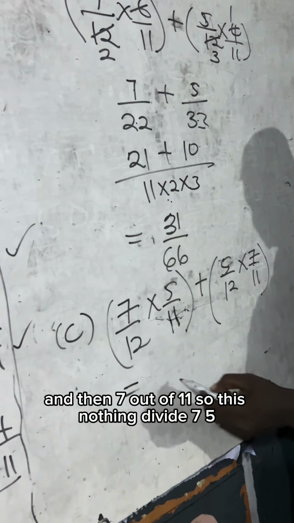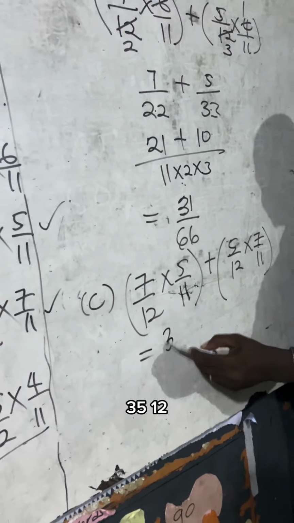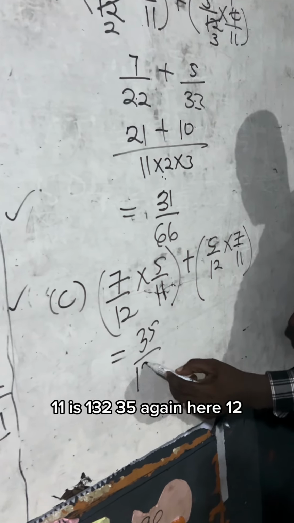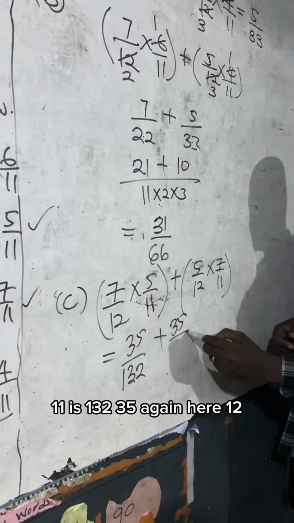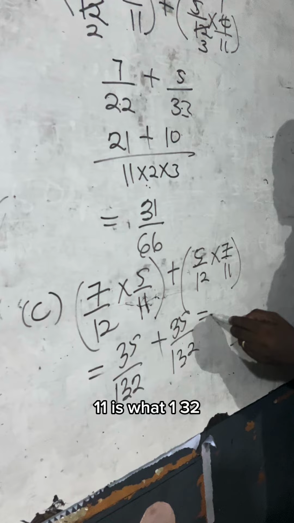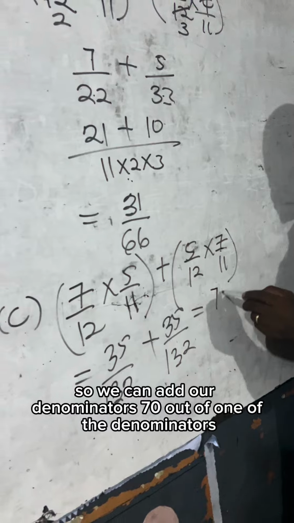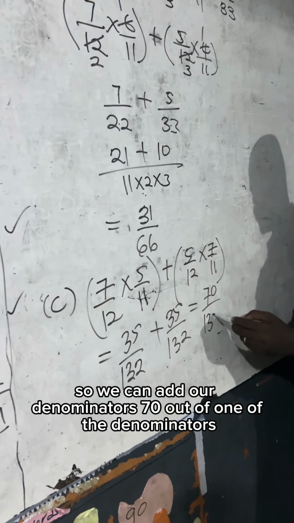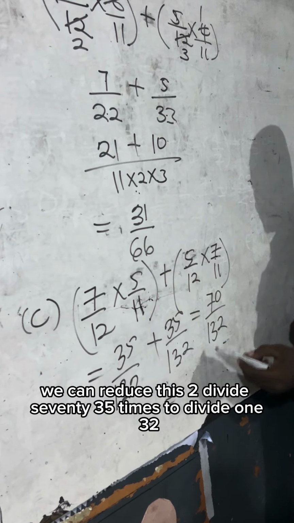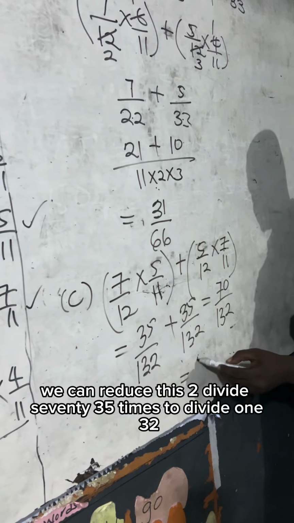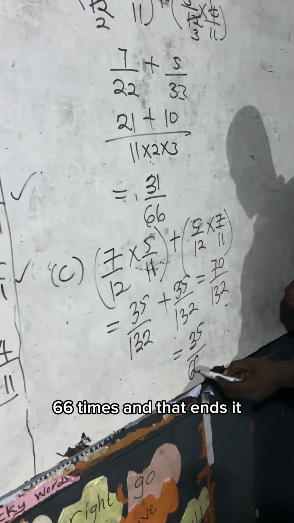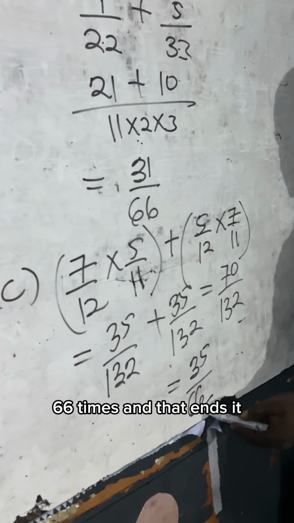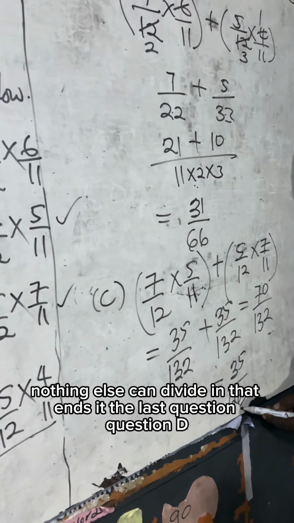Nothing divides. 7 times 5 is 35, 12 times 11 is 132. 35 again here, 12 times 11 is 132. Same denominator, so we can add our numerators: 70 out of 132. We can reduce this. 2 divides 70 35 times, 2 divides 132 66 times, and that ends it. Nothing else can divide.